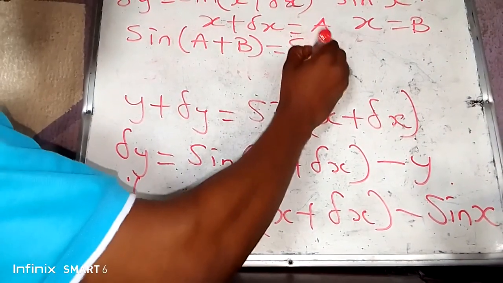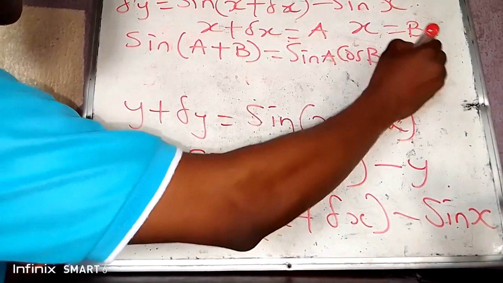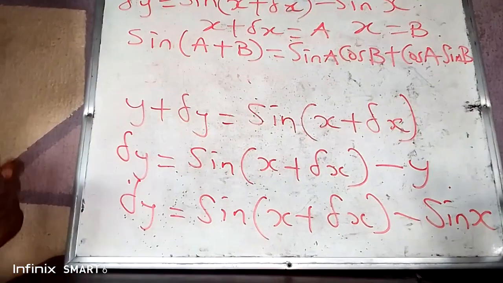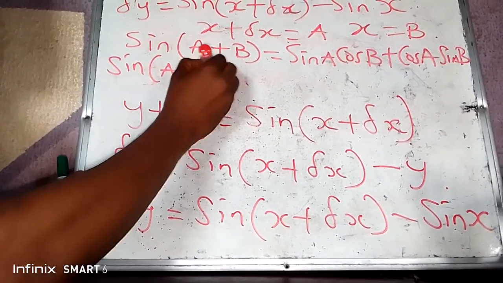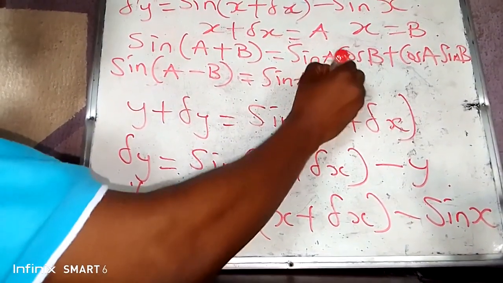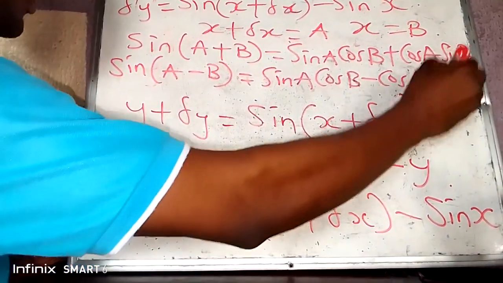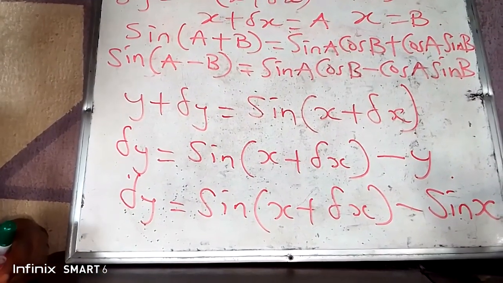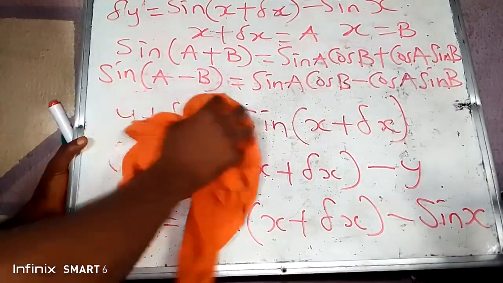That is sin a cos b plus cos a sin b, and also sin a minus b, that is sin a cos b minus cos a sin b, from our previous videos on the product formula.